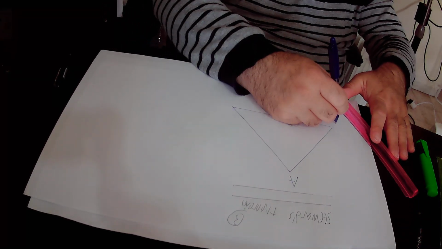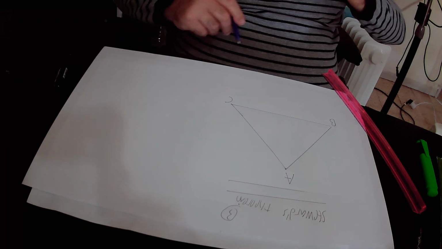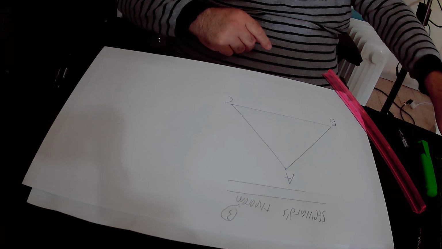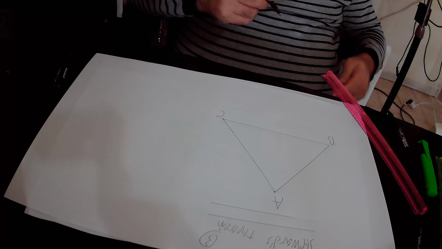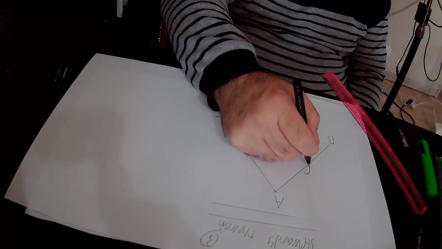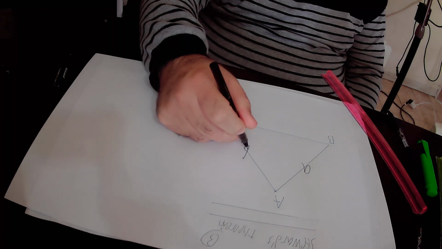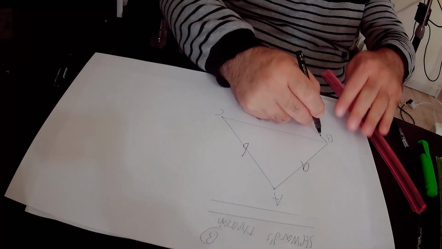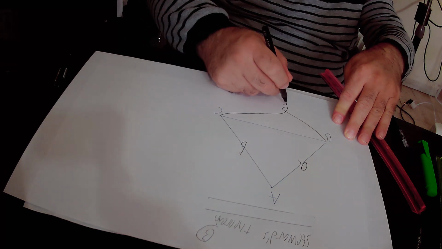This is triangle ABC. We know that the length of side AB is A, side AC equals B units in its length, and finally this side BC equals C units in its length.